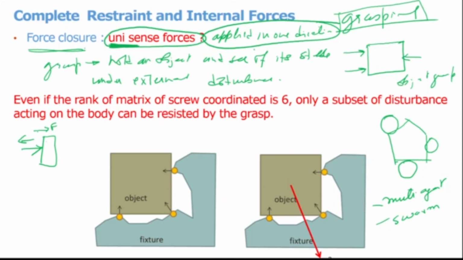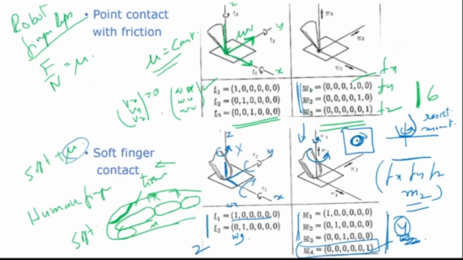Now in force closure, even if the rank of the matrix of screw coordinates is 6, only a subset of disturbances acting on the body can be resisted by the grasp. That means if you catch an object like this and you're under force closure, I can apply forces like this, and the rank of the matrix of screw coordinates is 6. Why 6? Because the degrees of freedom are only 6: 6 forces, 6 moments.